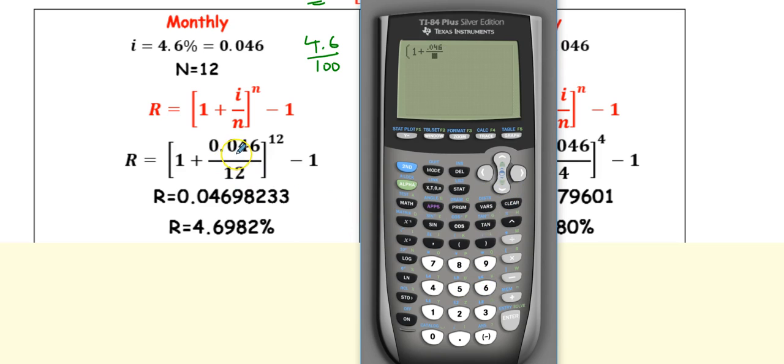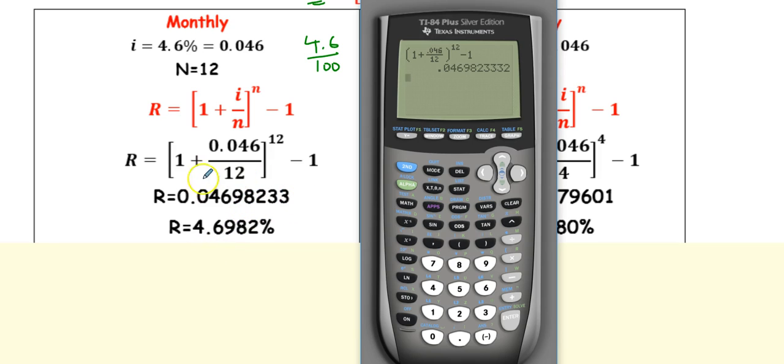You don't have to type in the 0, it's just the same. 0.046 over 12, then come out of the fraction, close the parenthesis, and go to the exponent. The exponent is 12. Come out of the exponent, then minus 1. Let us see what the result is. Yes, 0.0469823, etc. So I rounded it to the fourth decimal.